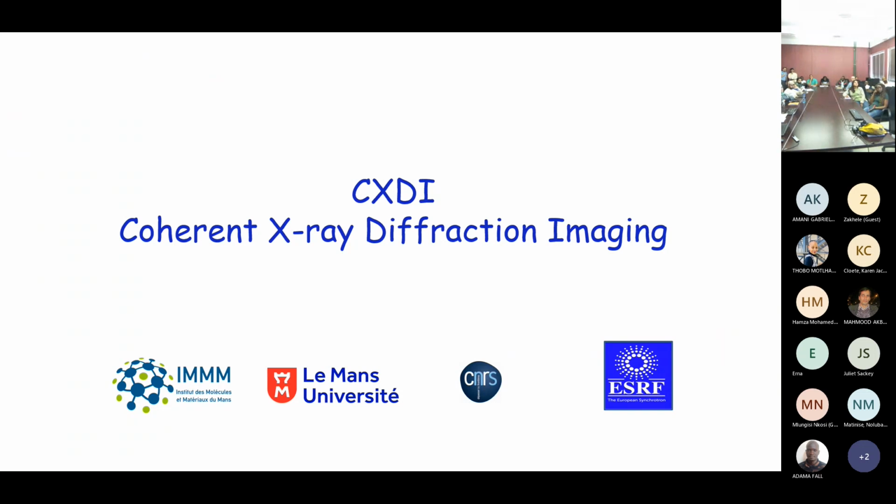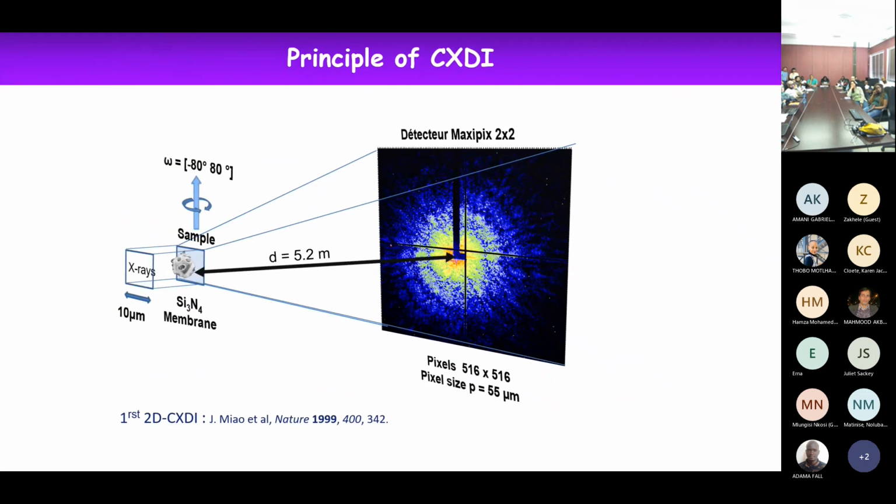And in this case, what we want to do is to perform small angle X-ray scattering experiments, but with coherent X-rays. So we use X-rays which are coherent, like for a laser beam, and we shine those X-rays onto the surface of a material, which is deposited onto a membrane, and we measure the scattering pattern at a very long distance from the sample.